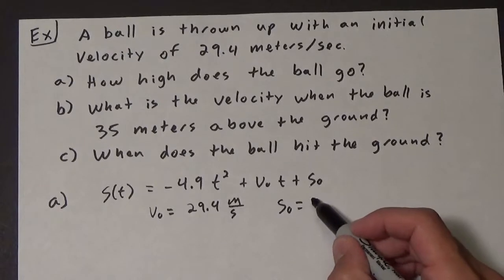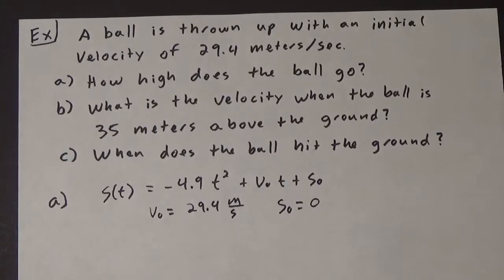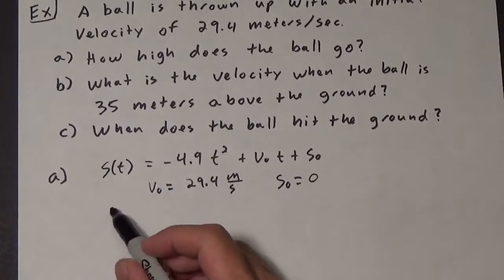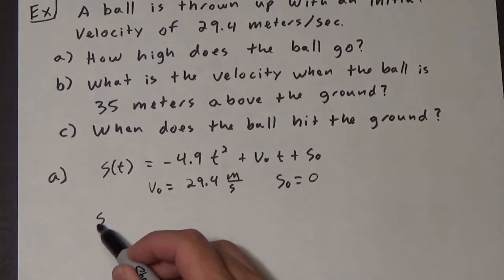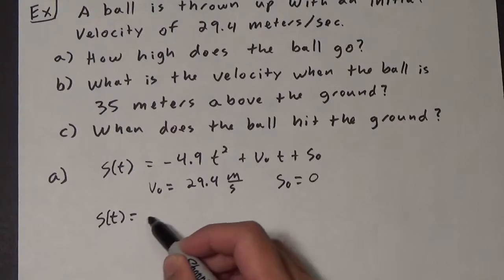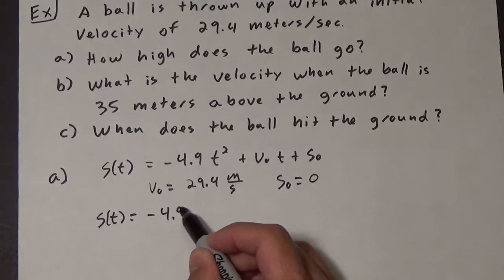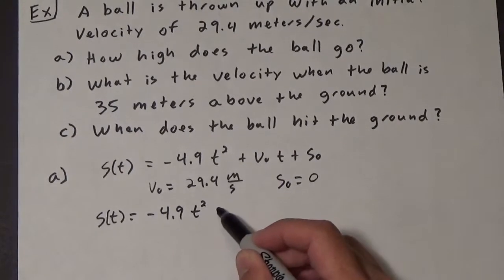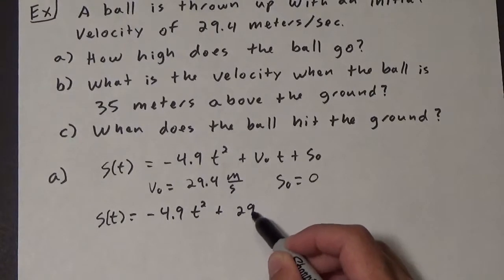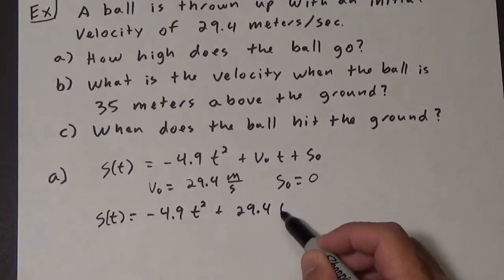So for this problem, we're just going to have to assume it was 0 meters. So our position function is going to be s of t equals negative 4.9 t squared plus 29.4 t.